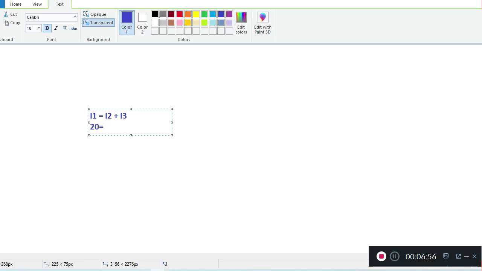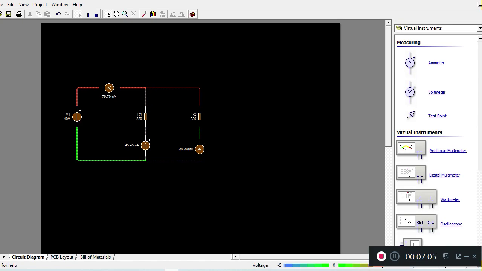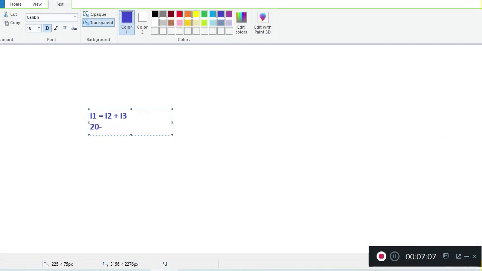So I am going to have 20 minus the resistor over there. The resistor over here is 220 ohms, so 20 minus 220, and the current there I'll call I2, is equal to 0.